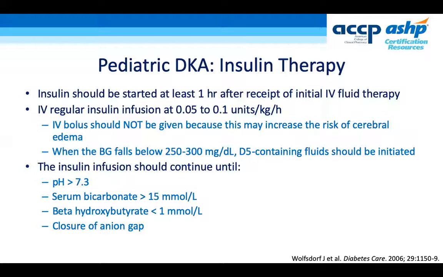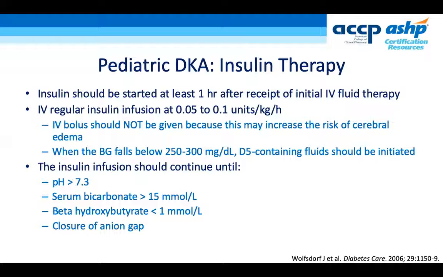This may increase the risk of cerebral edema, so we do not use boluses in them, so that is different than our adults. And an IV regular insulin infusion should start at about 0.05 to 0.1 units per kilo per hour. So a little less aggressive with that initial dose also, just because of the risk of cerebral edema in these patients and wanting to keep a slower and closer eye on them.